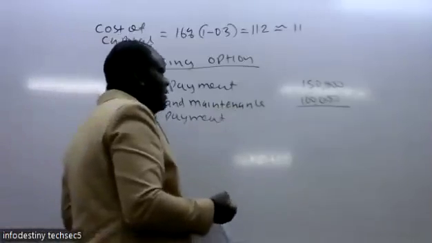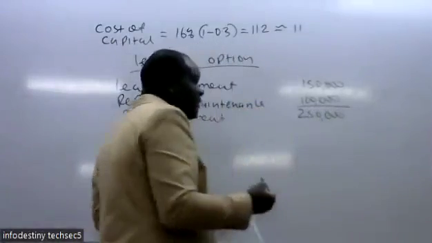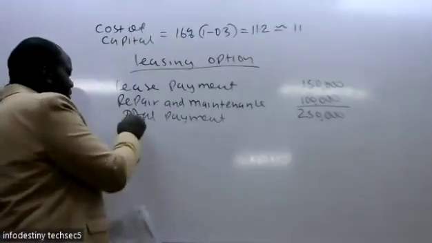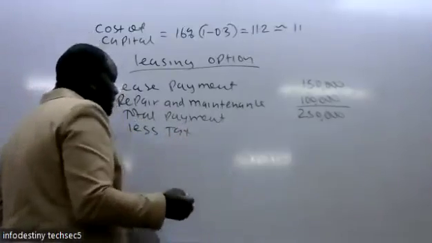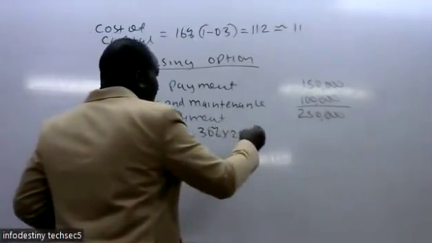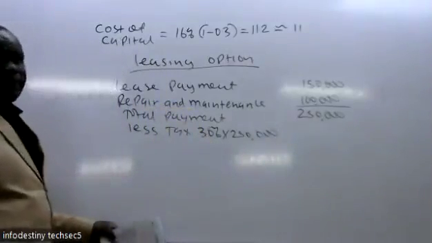Should be 250. So we less the tax because those expenses are taxable. We now less the tax. Tax should be 30%. 30% of 250.